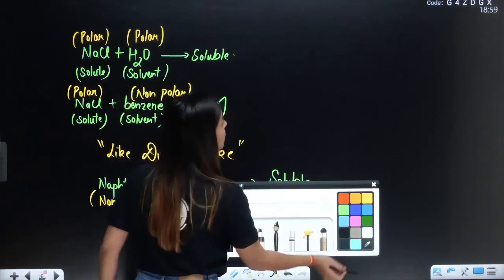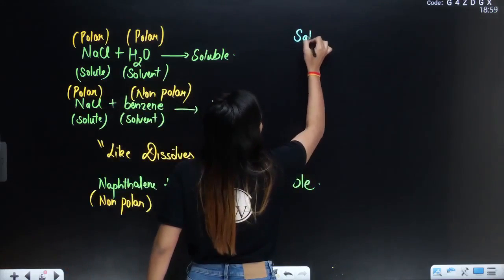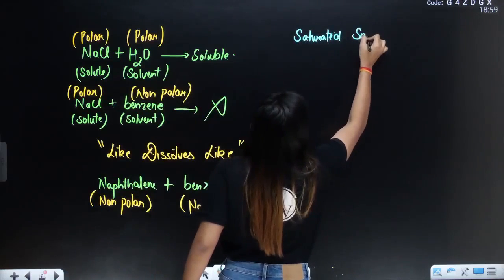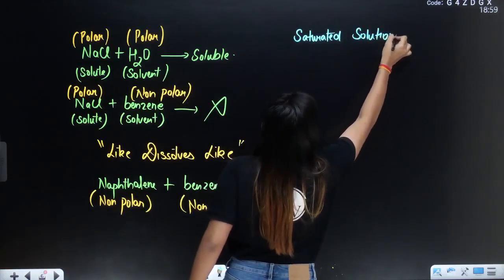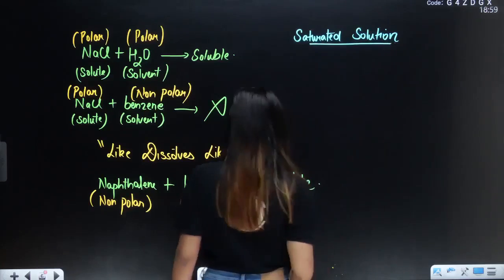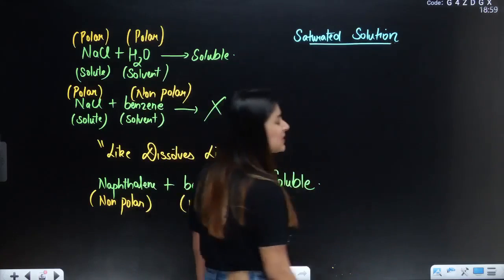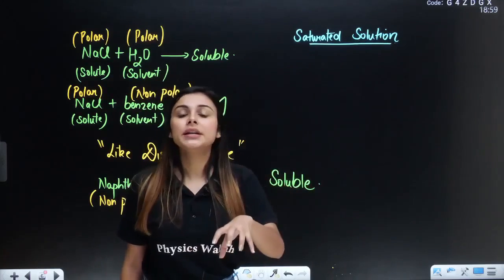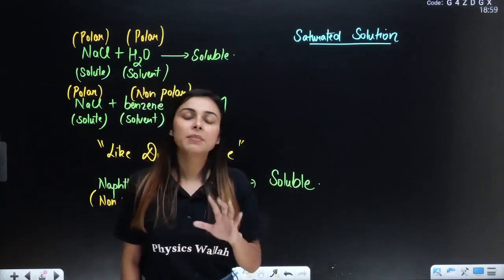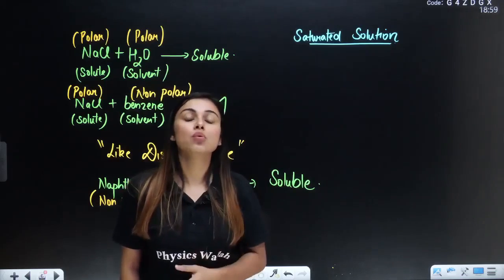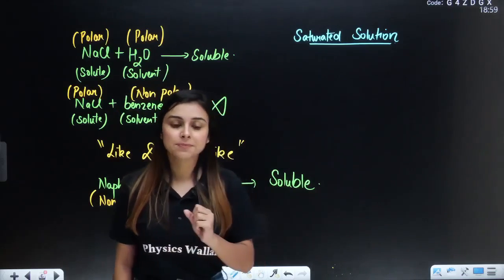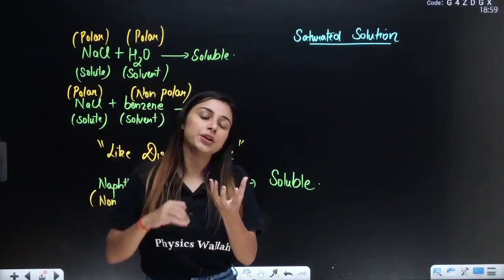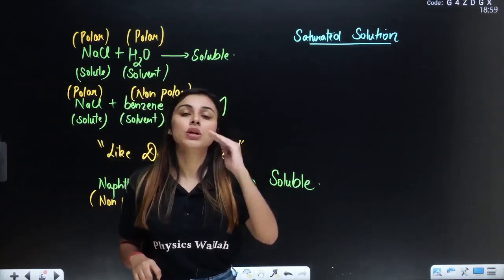Let's write it here. Saturated solution. What is a saturated solution, my dear students? A saturated solution is a solution where at a particular temperature. Now imagine the example I gave you of sugar syrup, right? You had a particular amount of water, you dissolve the sugar into it, and the maximum amount reached, right?